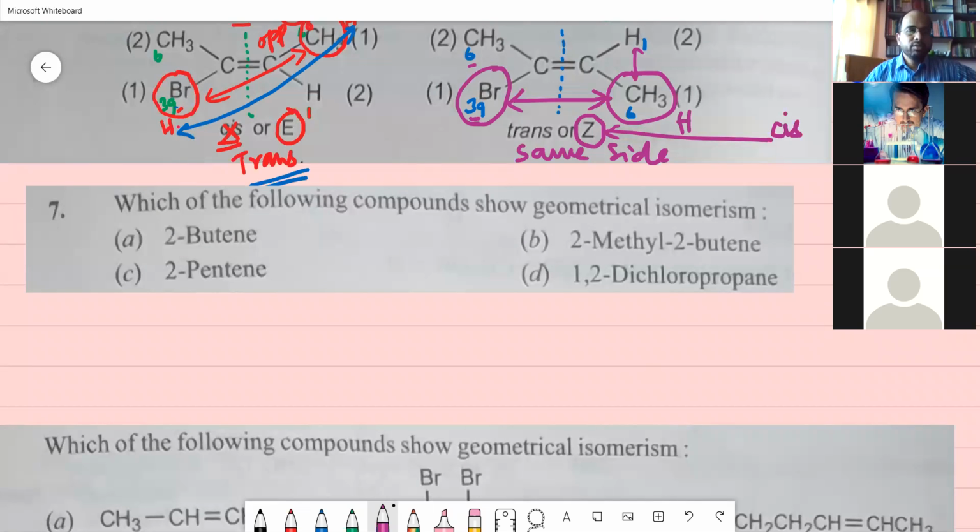So I told you that if you take butene, C, C, C, C. Butene has 4 carbon atoms. So 2-butene, numbering is 1, 2, 3, and 4. So the double bond is across this.